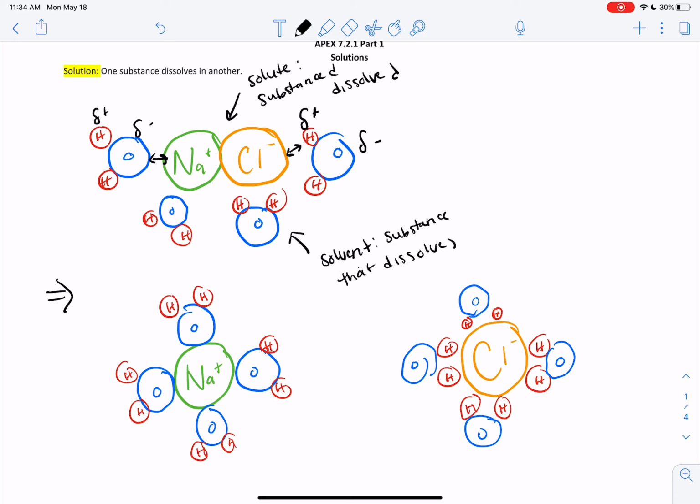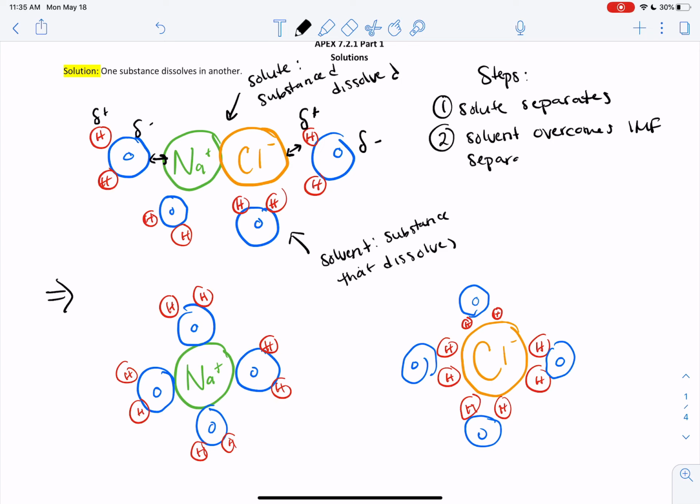Okay, and so when we have our sodium chloride, our solute dissolving in our water solvent, there are really 3 steps that are happening here. So let's go through that. The first thing is that the solute separates. Okay, the sodium and the chlorine start to separate from each other. The second thing is that the solvent, it overcomes the intermolecular forces holding it together and it separates as well.